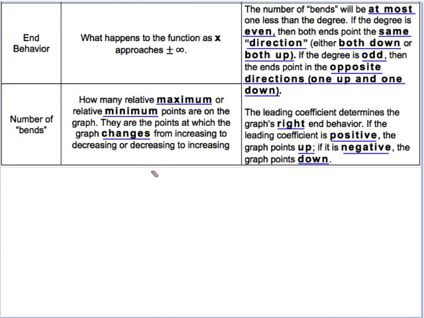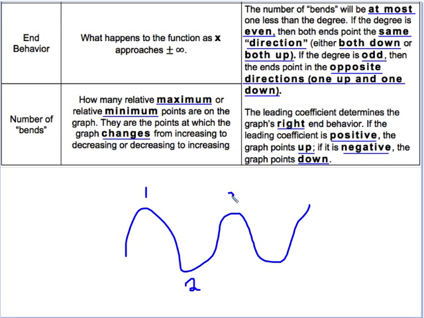Now, the number of bends tells us how many relative maximum or relative minimum points are on the graph. There are points at which the graph changes from increasing to decreasing or decreasing to increasing. Essentially, we're looking at the middle of the graph. So if your graph goes like this, you've got one bend here, another bend down here, another one up here, and then another one down here.